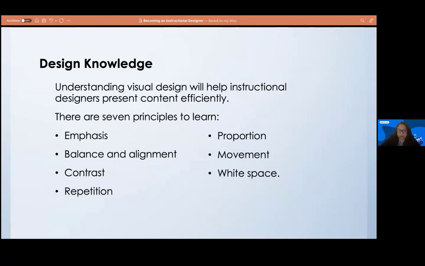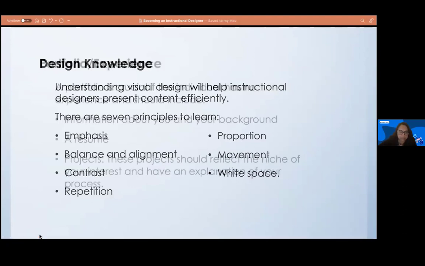And having just bullet points on what is more important to say or for you to focus on, that is design. So that's why you have to learn about design and know how to apply it in learning content.